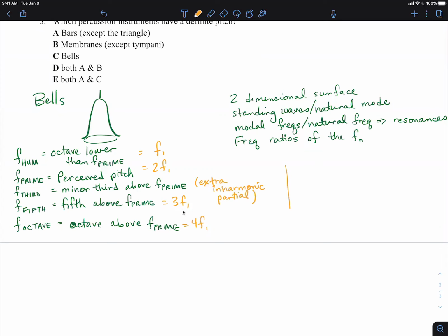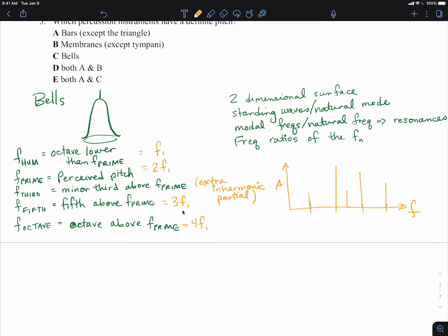So that means the spectrum would look something like, let me separate those a little more. So the hum doesn't sound very much, and then you have the prime, and then you have a third above the prime, somewhere in here, and then you have the fifth and the octave.